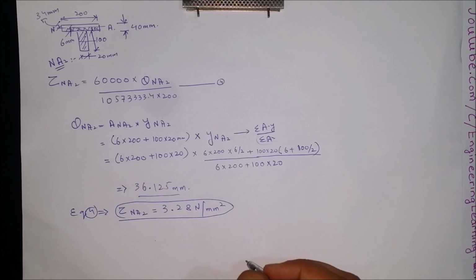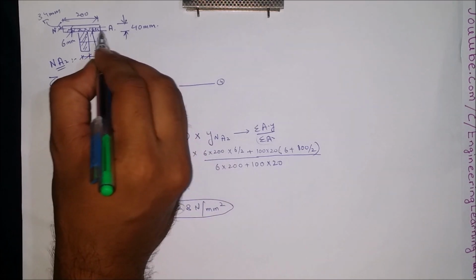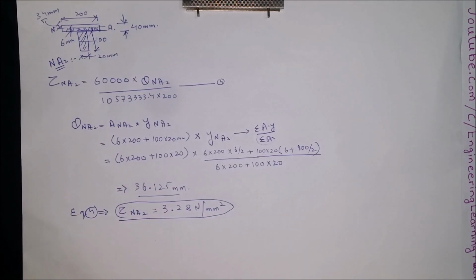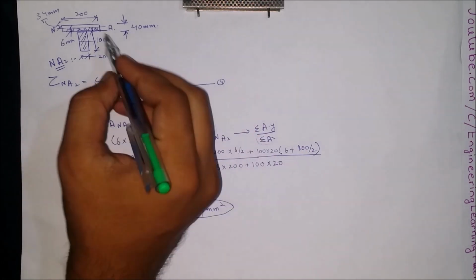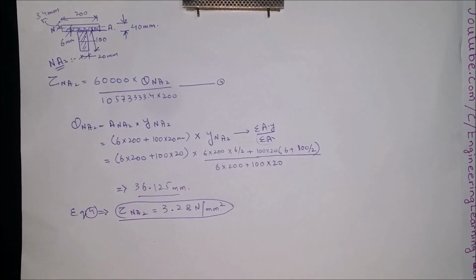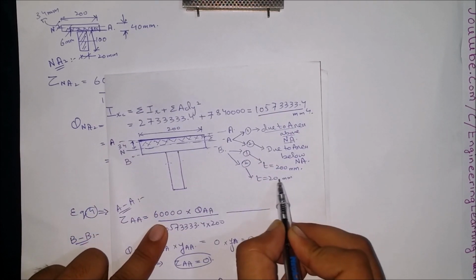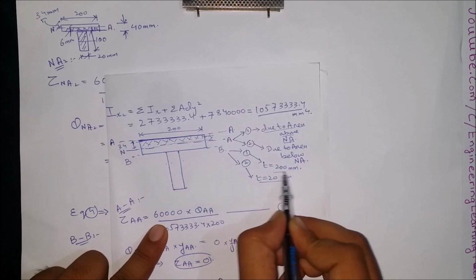Now we will be finding out the stress at the junction of the two rectangles. We named the fiber at the junction as BB. So for BB, there will be two stresses. One due to the thickness T equal to 200 mm and two due to thickness 20 mm.